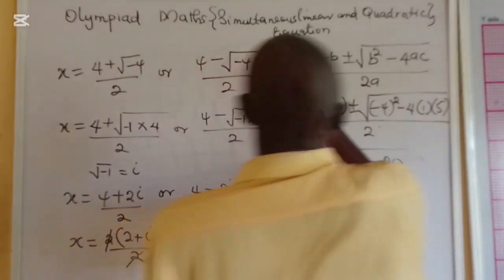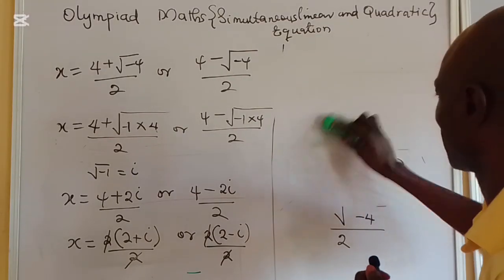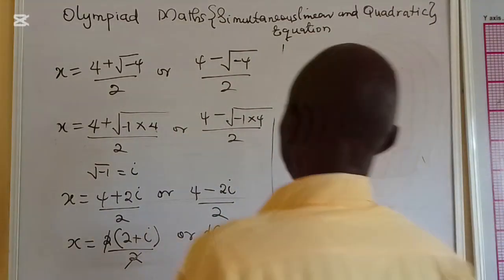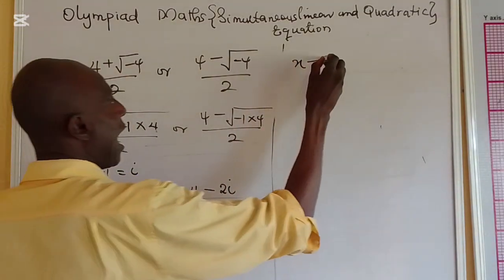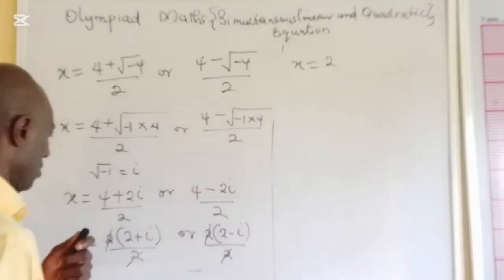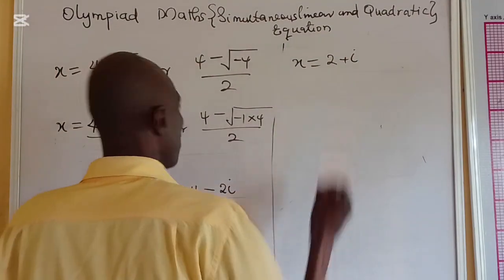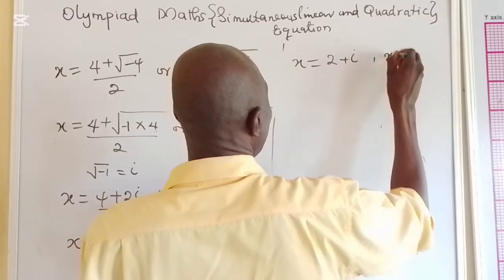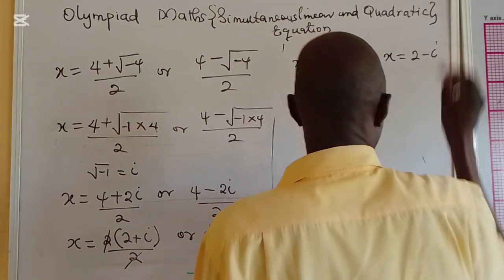Okay? Hope you are following me because the math is long. So I need to take it step by step so I can carry my viewers along. So here, x is equal to 2 plus i, or x here is equal to 2 minus i.